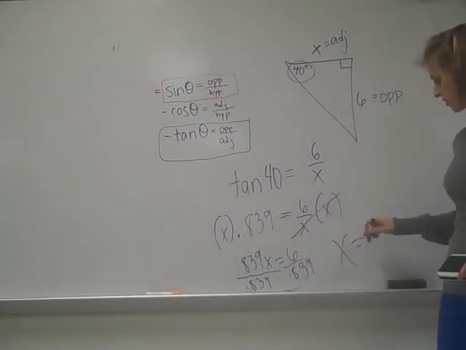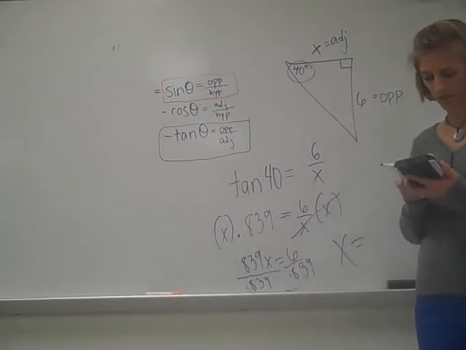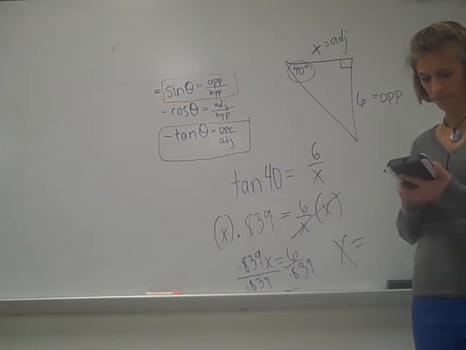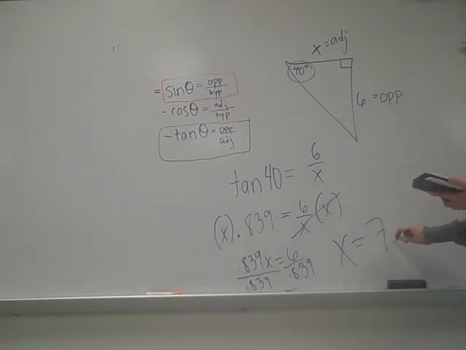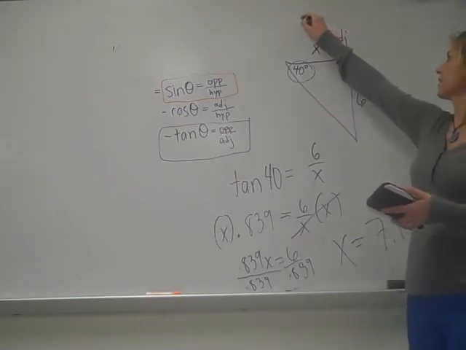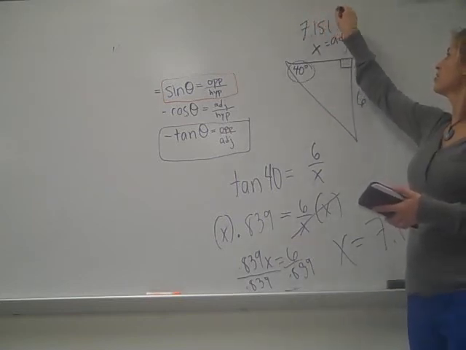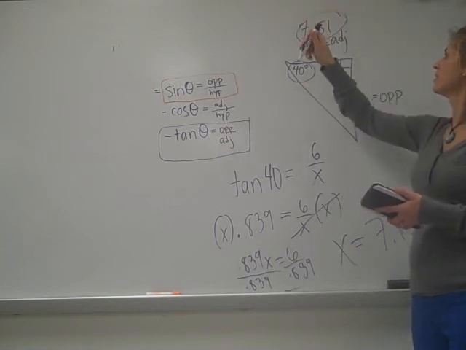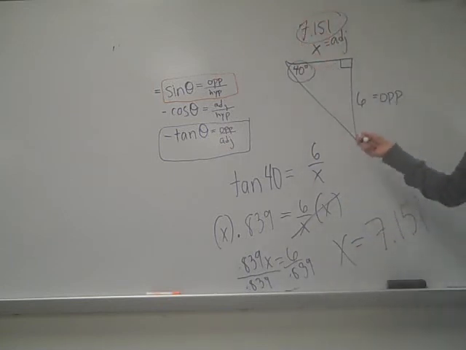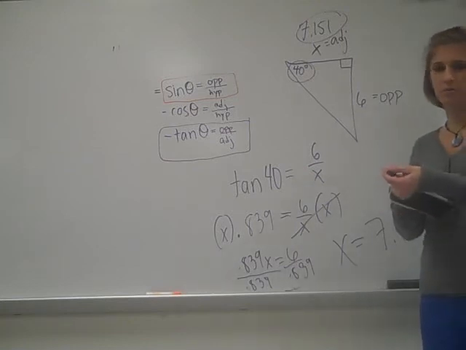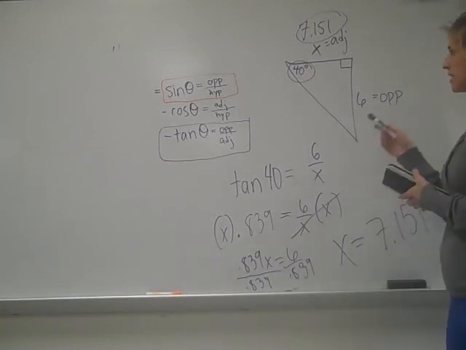So x equals 6 divided by 0.839, which is 7.151. It's always good to stop for a second and make sure that your answer makes sense. So 7.151, that makes sense. The other side was 6. If I got an answer like 0.024, that wouldn't make any sense. But getting an answer like this does.